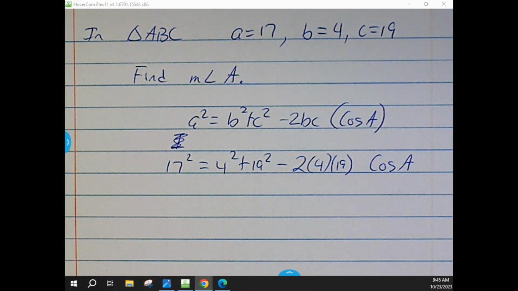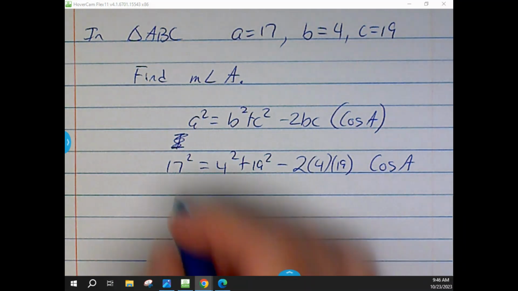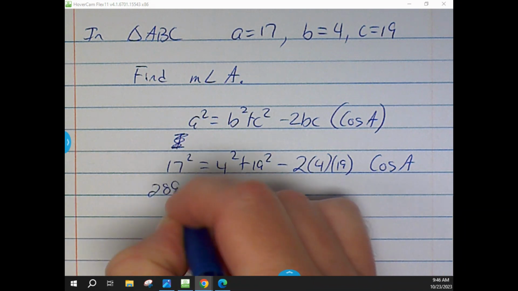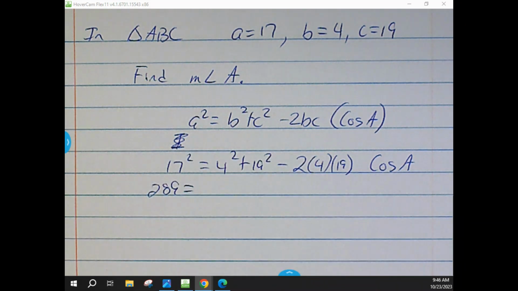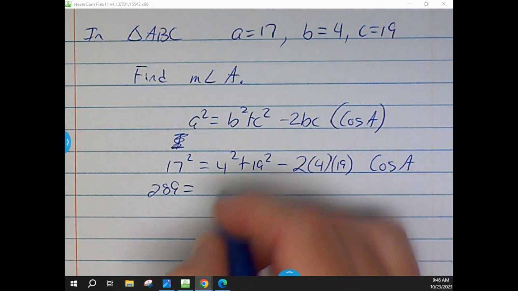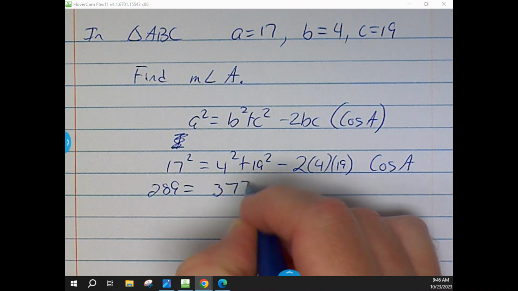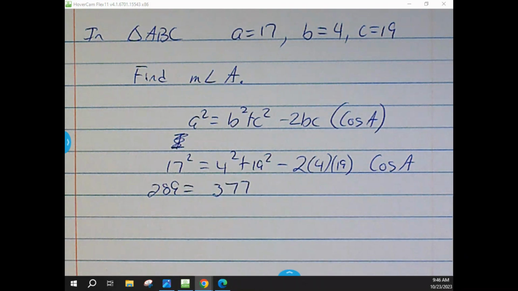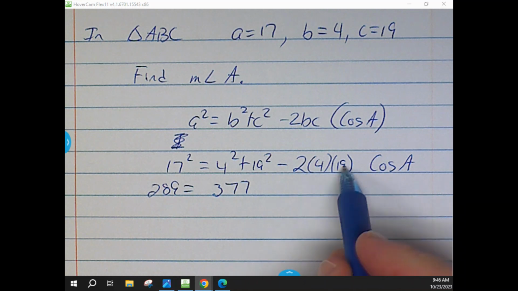Okay, and then you can go ahead and get this with the calculator. 17 squared is 289. 4 squared is 16. 19 squared is 361. Put those two together, that should be 377 when we add those two together. We've got minus 2 times 4 times 19.